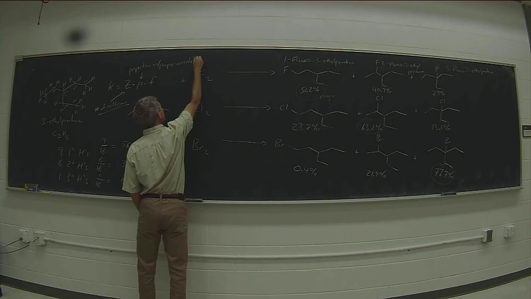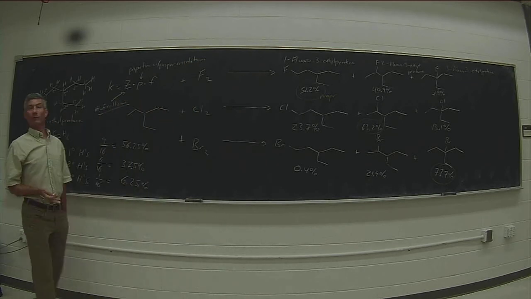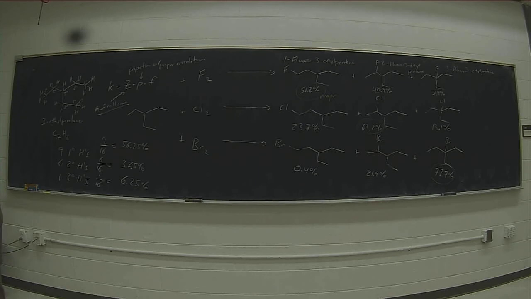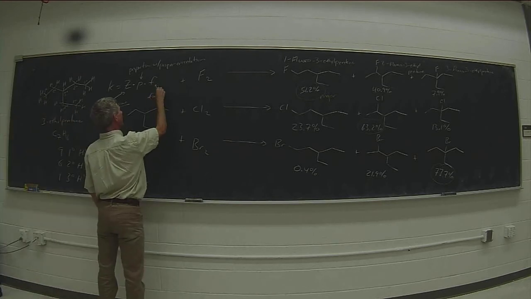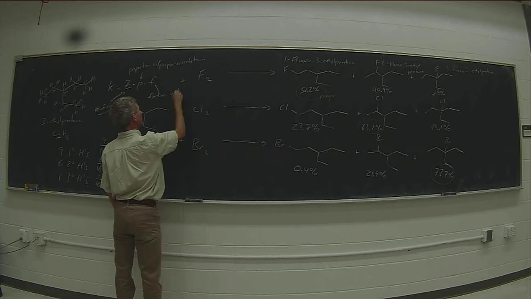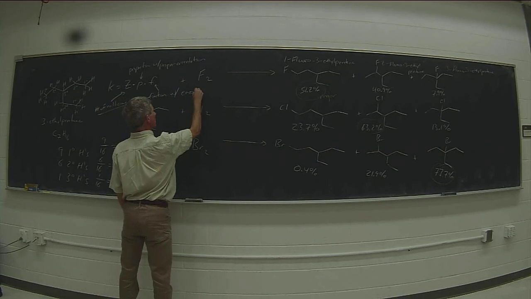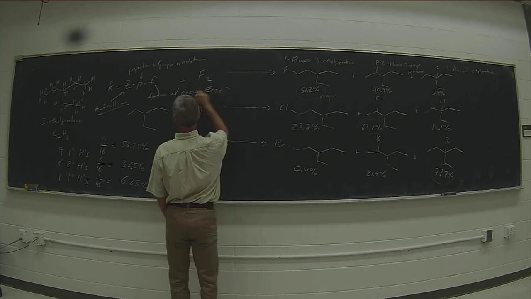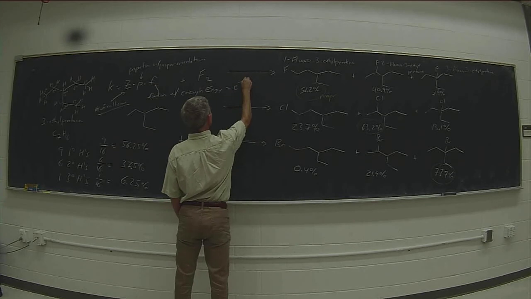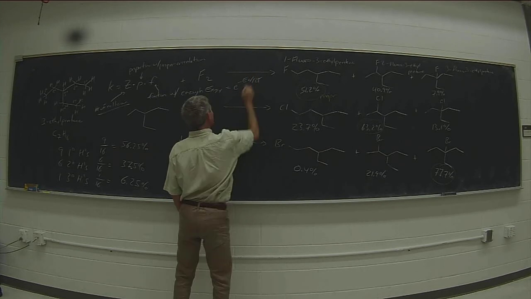The orientation factor is not really an important factor in free radical halogenation because the halogen radical that's attacking the hydrogen is roughly a sphere. So it doesn't really matter how it contacts the hydrogen. And F is the fraction with enough energy to exceed the activation energy barrier.